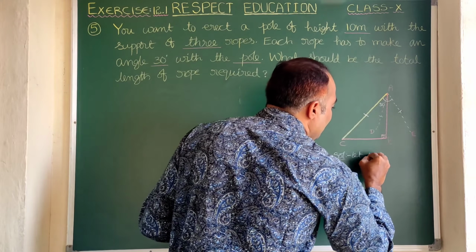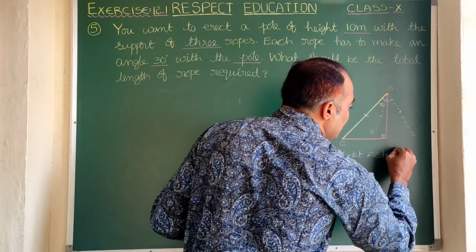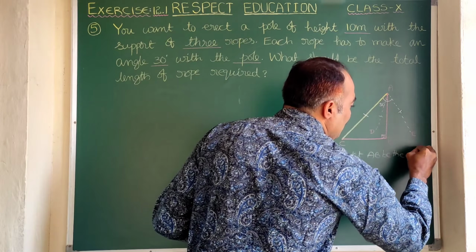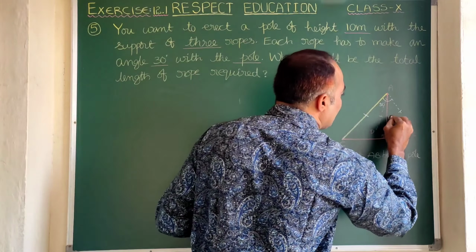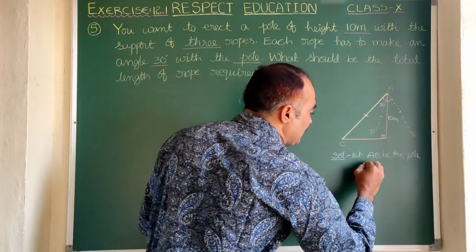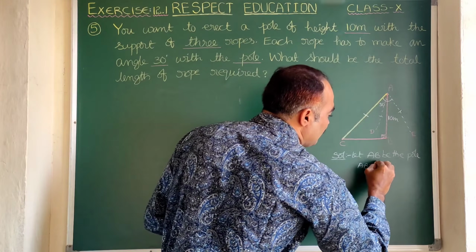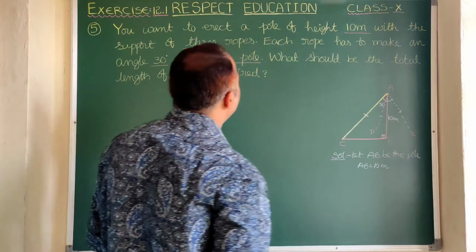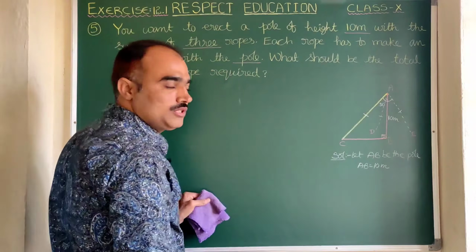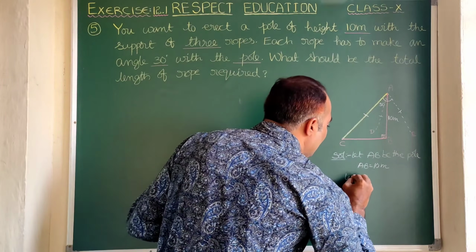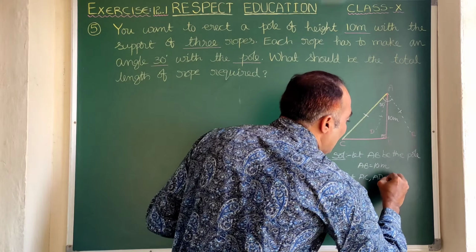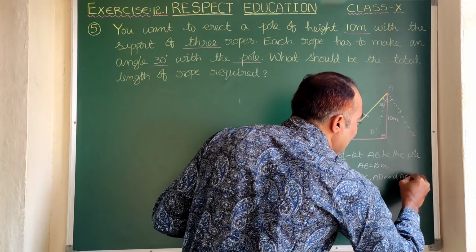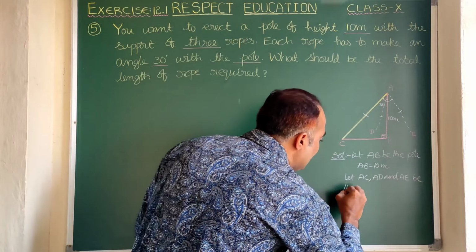Let AB be the pole. Here the height of the pole is given as 10 meters. So we can write AB is equal to 10 meters. And there are 3 ropes. So let AC, AD and AE be the 3 ropes.